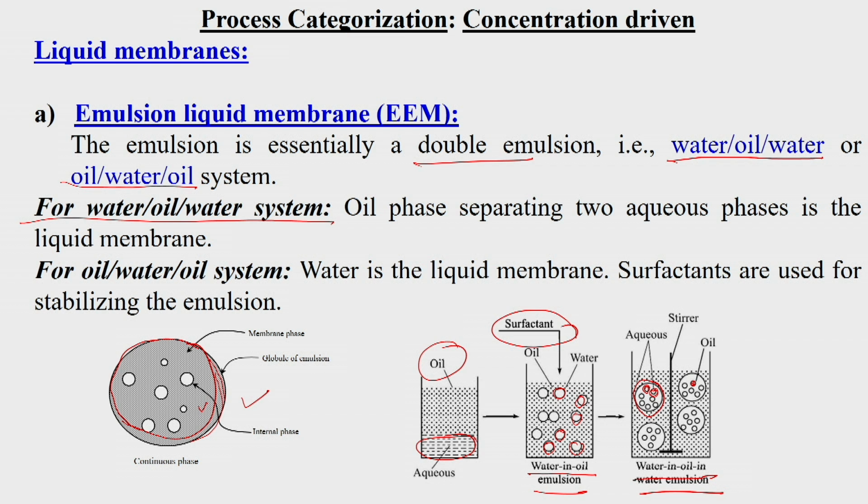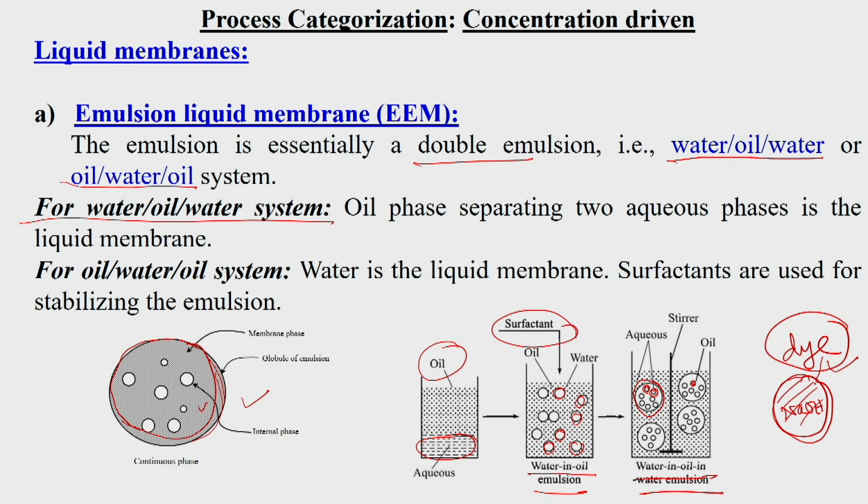Suppose this is the oil barrier, and outside, the dye is present in water, and inside, sodium hydroxide is also in water. The concentration of dye will be high outside, and inside it is 0.